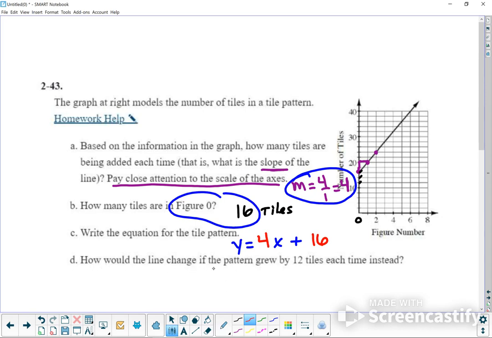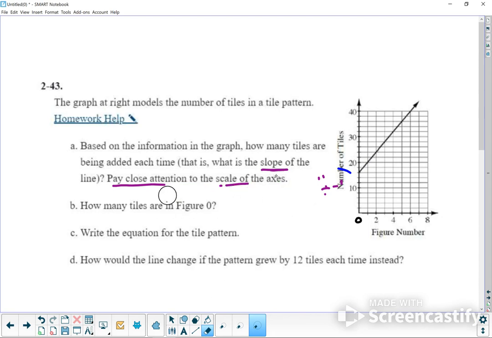How would the line change if the pattern grew by 12 each time instead? Right now it grows by 4 each time. But if the line changes to grow by 12, what would it look like?